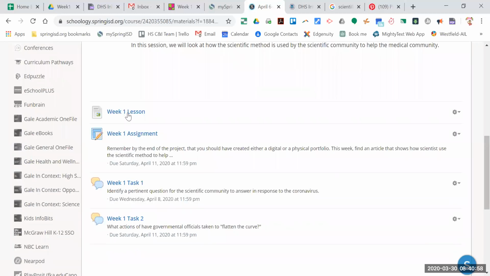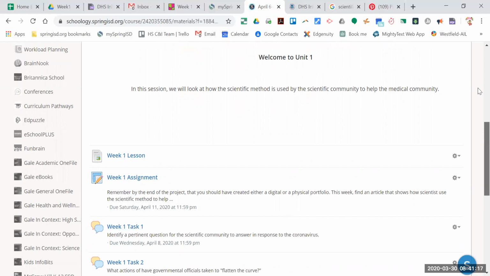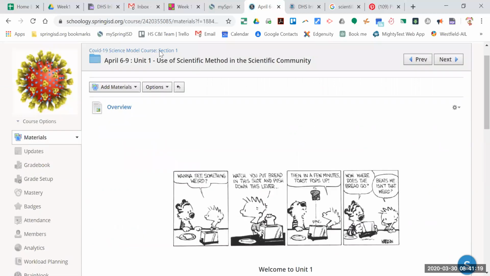And then you'll have a lesson, and that lesson will be a little video, kind of like what we're doing right now. And then you'll have an assignment, and you'll have at least one discussion question, maybe two. Make sure you pay attention to the due dates because those will be due usually by the end of the week for that week. And so that's how the course is laid out.